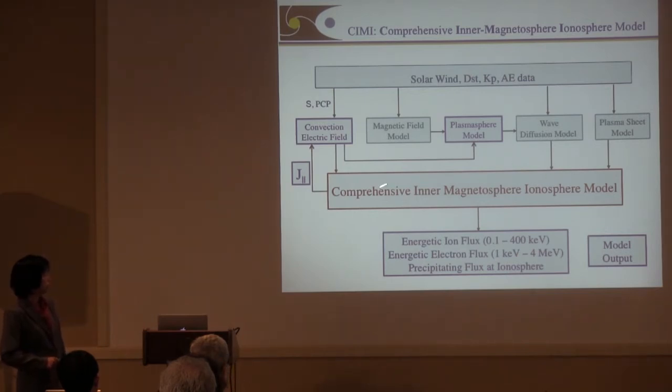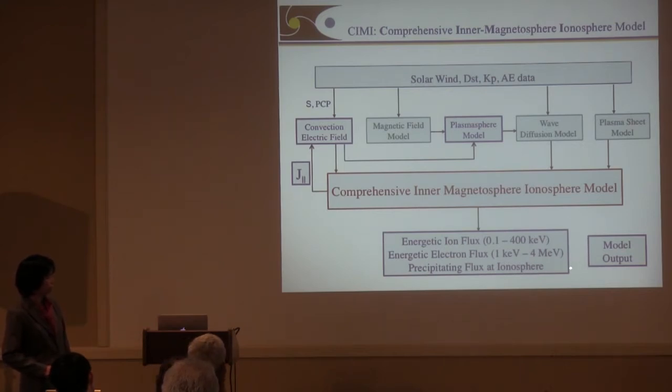So we run SIMI, and this is the main output of the SIMI model. It's energetic ion flux from 0.1 to 400 keV. For energetic electrons, we have higher energy, up to 4 MeV. And we also calculate the precipitating flux at the ionosphere.